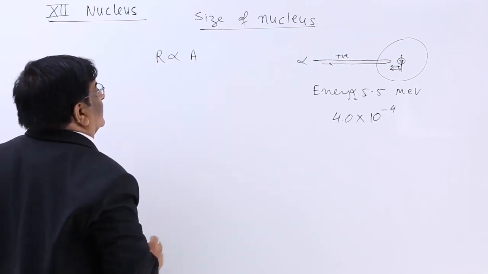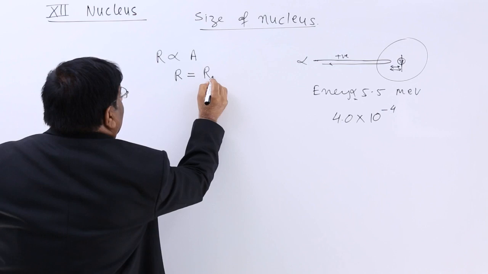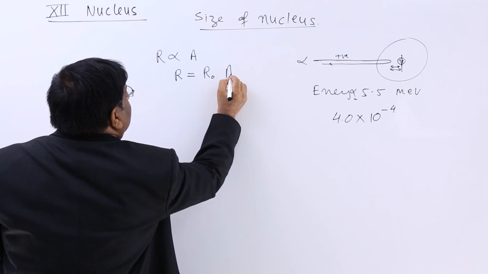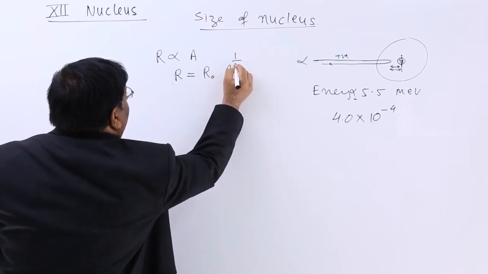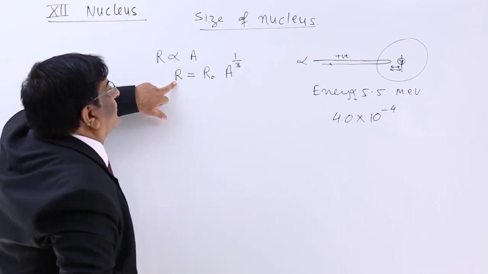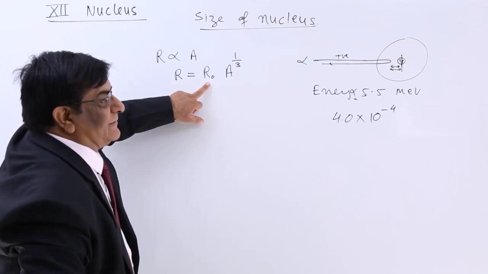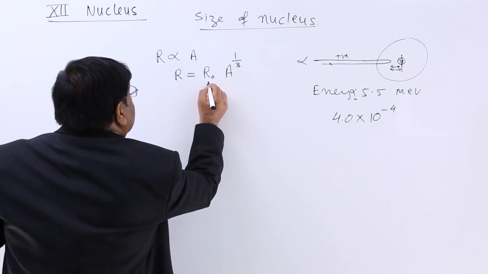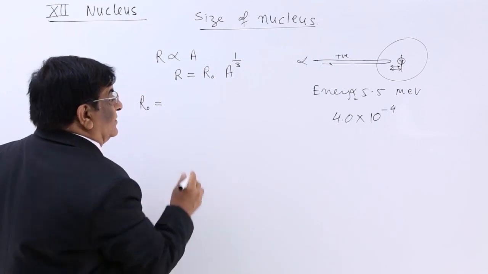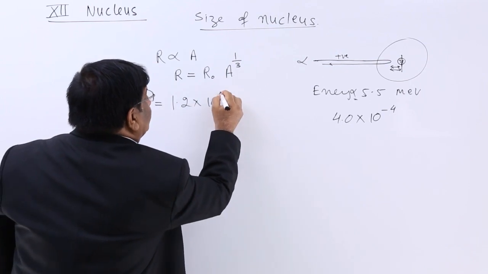And what is this relation? This relation is R is equal to a constant R naught, and now if we match the dimensions, times atomic mass to the power 1/3. This is the relation which gives the radius of a particular nucleus of an element. Here R naught is a constant. This constant R naught has a value of 1.2 into 10 to the power minus 15.